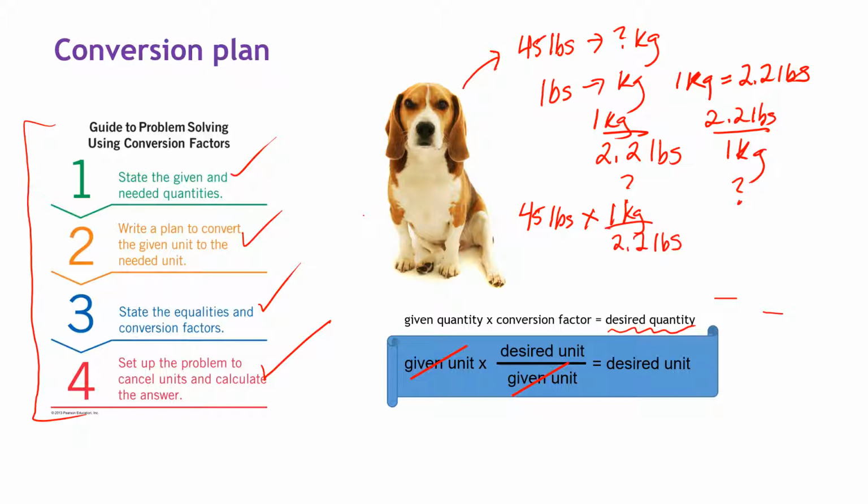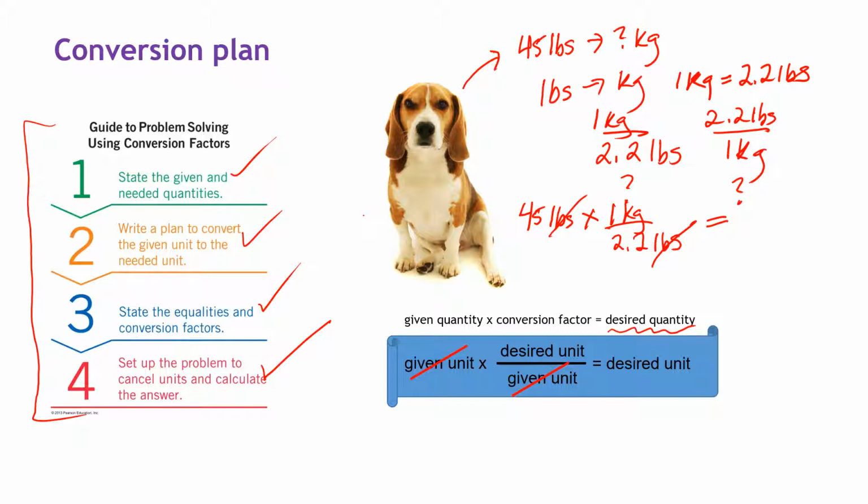So notice what's going on here. The 2.2 pounds is in the denominator, so pounds, therefore, are going to cancel. And that's exactly what we want because we want to be left with kilograms. This also means that we're going to have to divide 45 by 2.2 in order to get our answer.